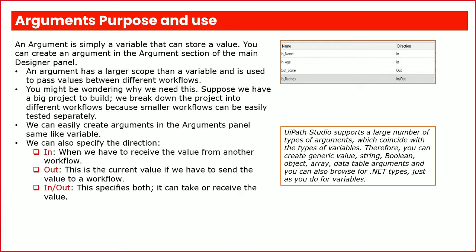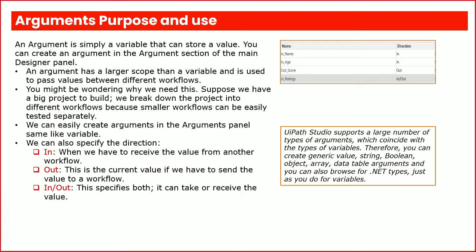So in that case, we have three directions in which an argument can be used. One is In, when we want to receive a value from another workflow. Out, if we want to send the current value to another workflow. Or In/Out, if we want to get the data inside that workflow, update that data inside the workflow, and send it out. That's the difference between the three.